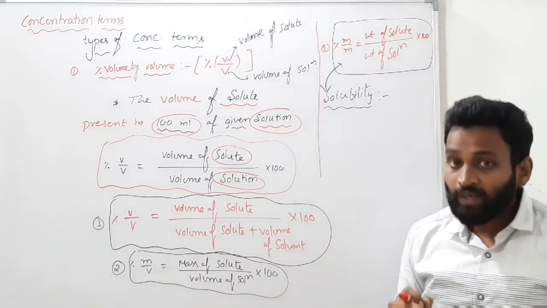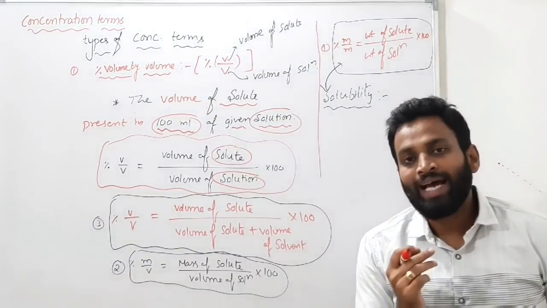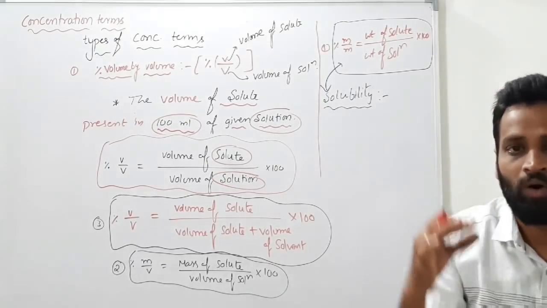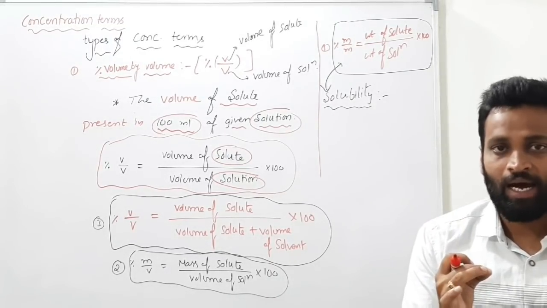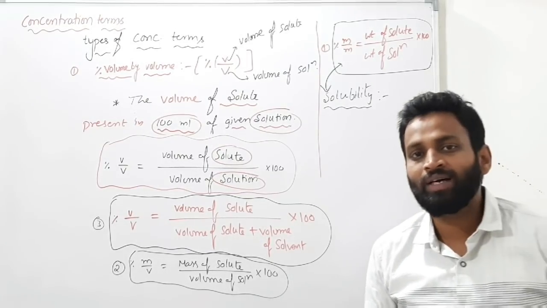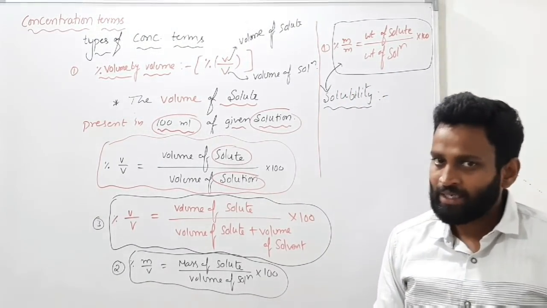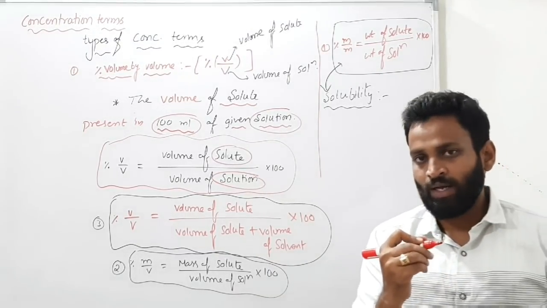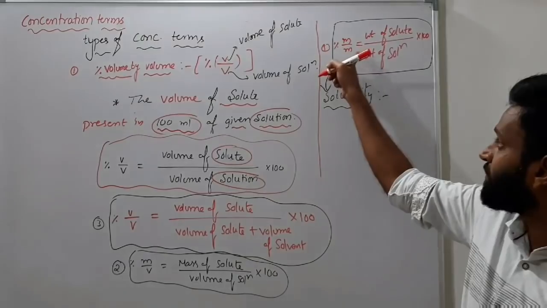Now, the definition of solubility: the amount of solute soluble, meaning dissolved, in 100 grams of given solvent is called solubility. Percentage mass by mass means the amount of solute present in 100 grams of given solution.